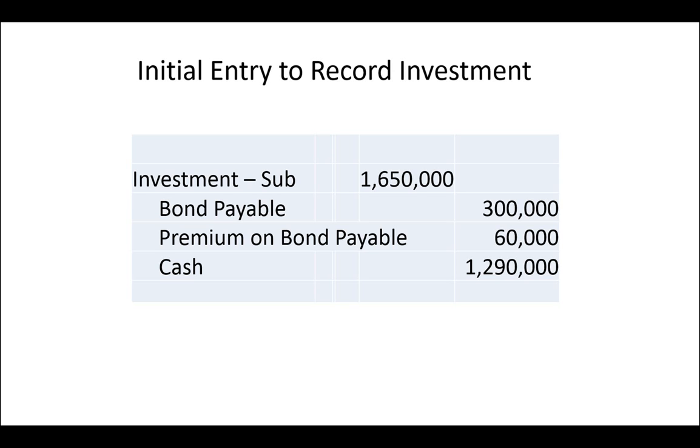Any difference between the fair value and the face amount is going to be a discount or a premium. In this case, the fair value of the bonds was $360,000. So we're going to record a premium on bond payable of $60,000, and it said that the company paid cash for the balance. The cash is just a difference of $1.65 million and $360,000.